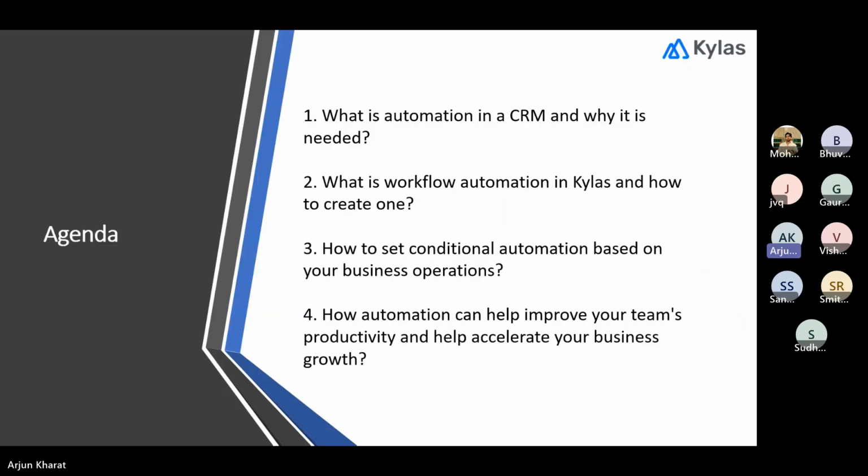Okay, so what we have seen today is what is automation. So automation is going to help you reduce your repetitive manual intervention with this system and improve your productivity plus your team's productivity.